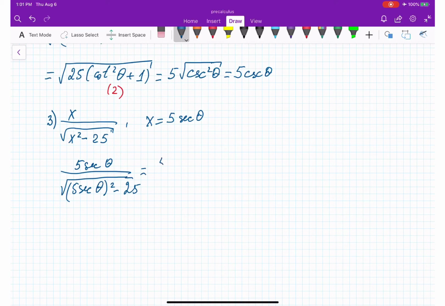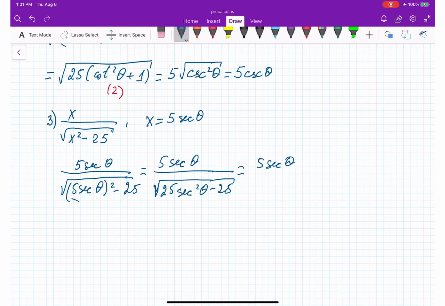So we get 5 secant theta over the square root of 25 secant square theta minus 25, because 5 squared is 25.